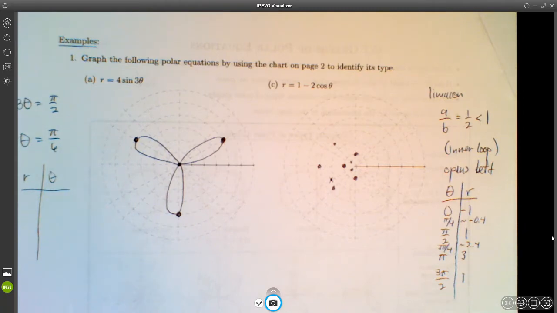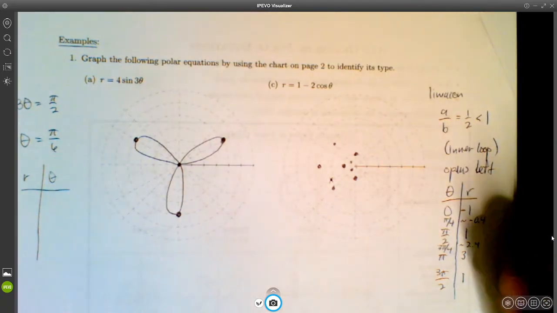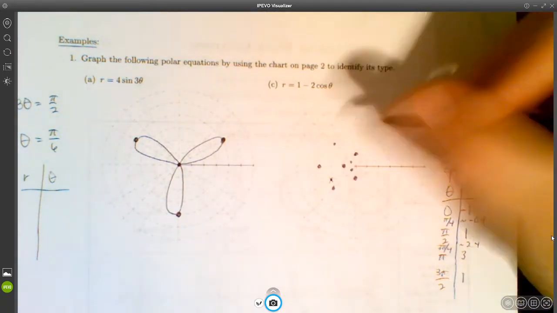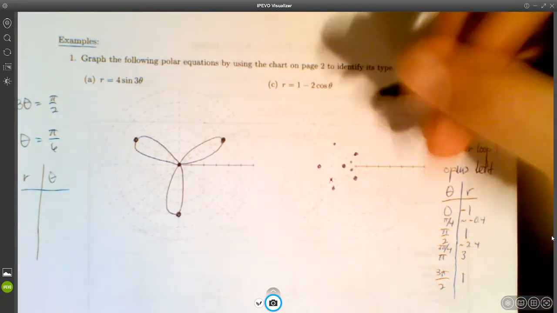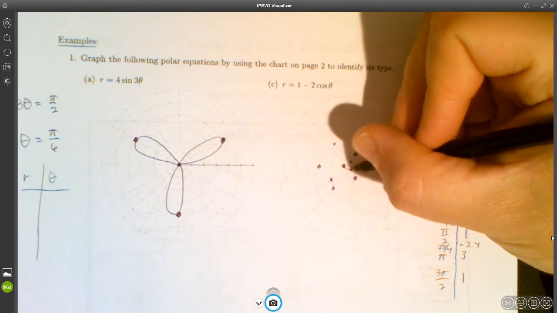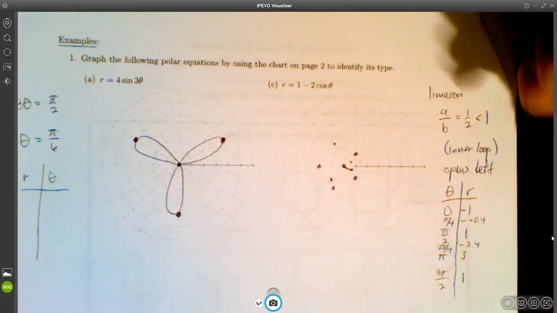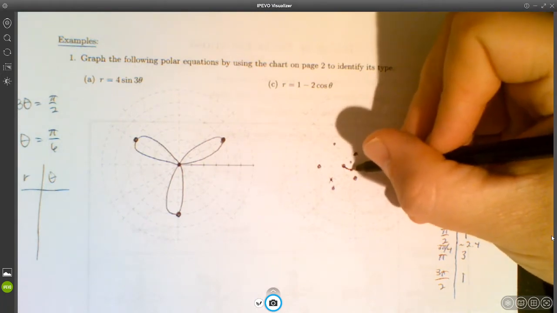I know that in order to be passing through 0 at some point, I have to be positive over here somewhere. But anyway, so I'm starting here at 0, negative 1, and then I go to pi. Then I go to pi over 4, negative 0.4. That was that point right there. And then from there, I'm going to 0 at pi over 6.